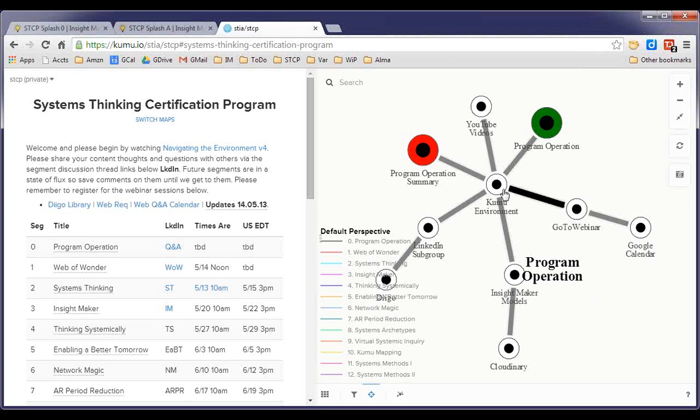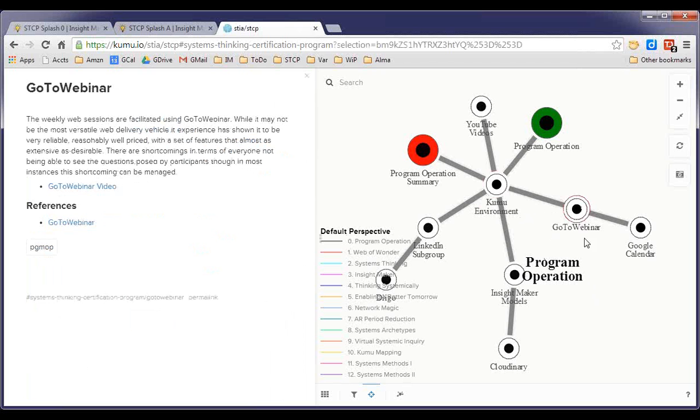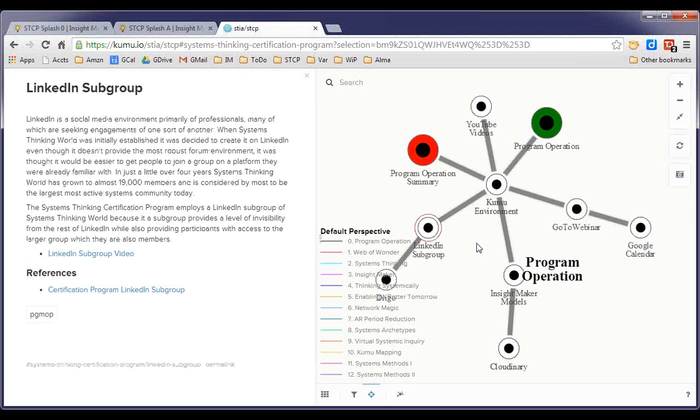For every one of these, when you click on it, there's a description, a video, and some references. I explained why every one of the pieces was brought together to enable this program to function in this environment. Hopefully it will help you better understand and be more comfortable getting around in this environment.